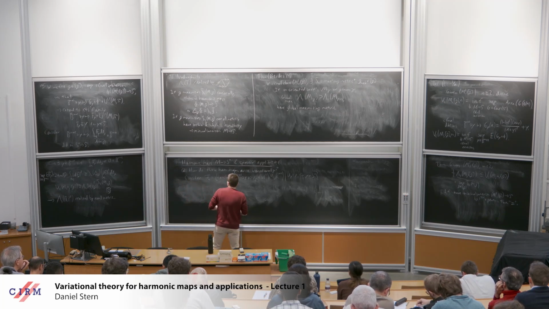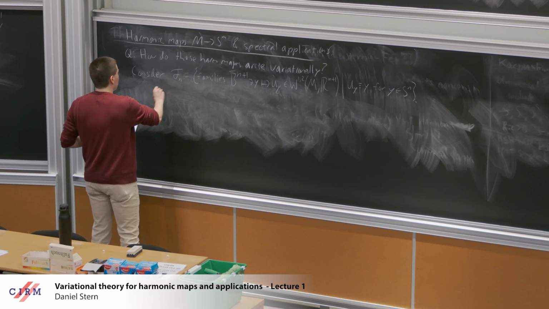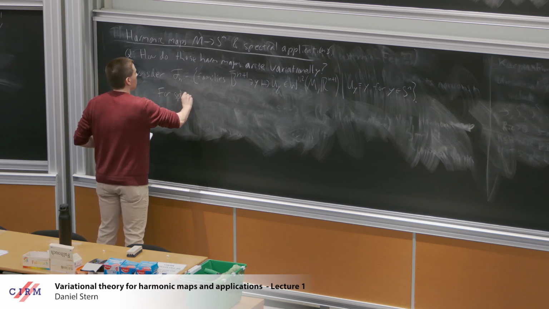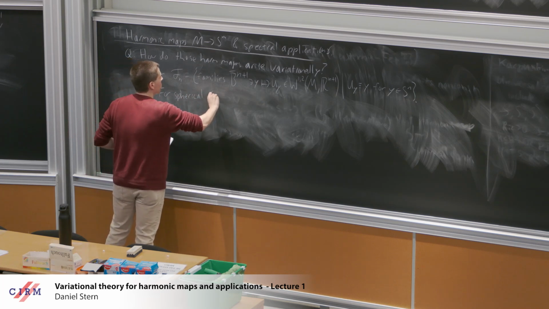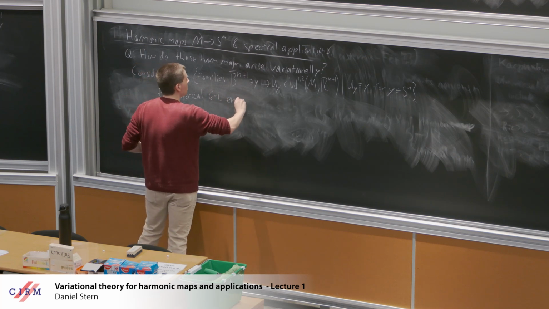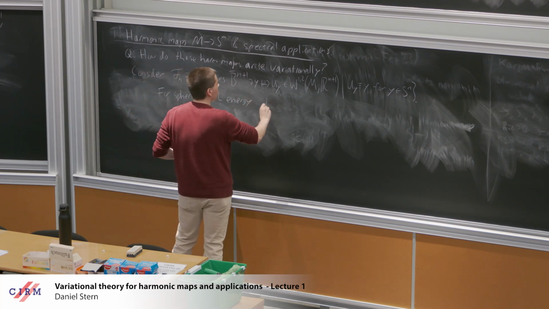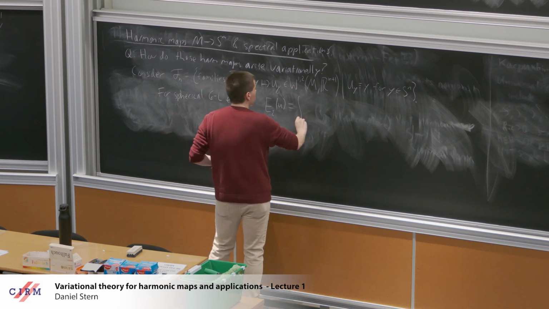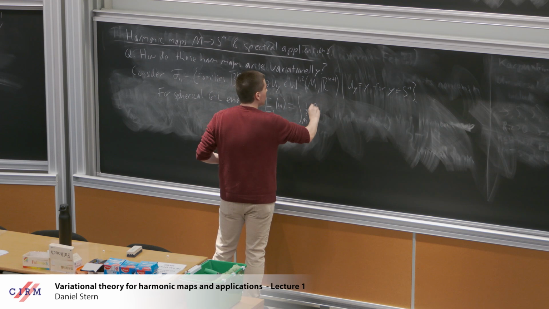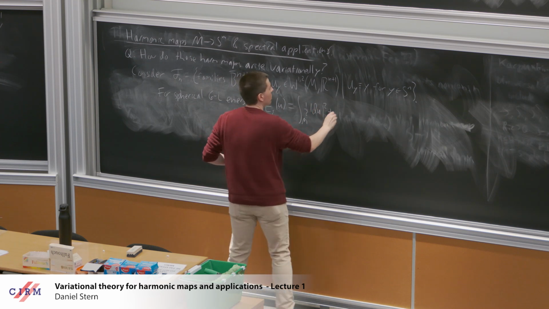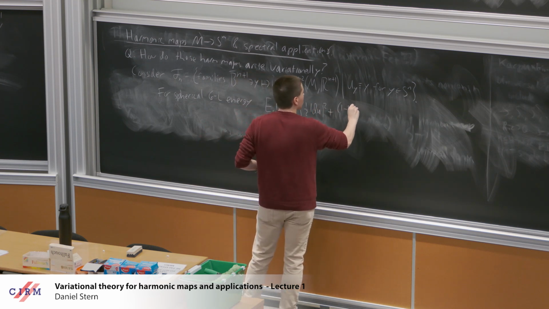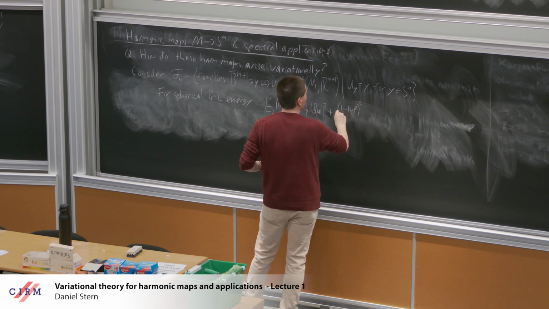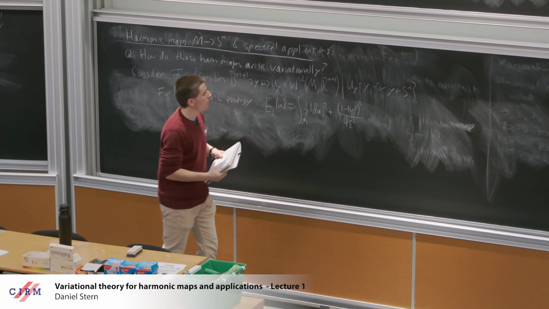Okay. And then for the spherical Ginzburg-Landau energy, so here, instead of using the distance function, the canonical choice is we do energy plus (1 minus |u|^2) squared over 4 epsilon squared. The precise choice doesn't matter too much.